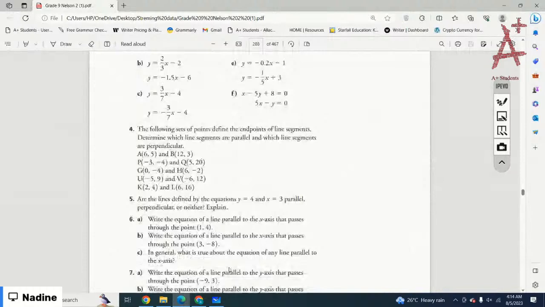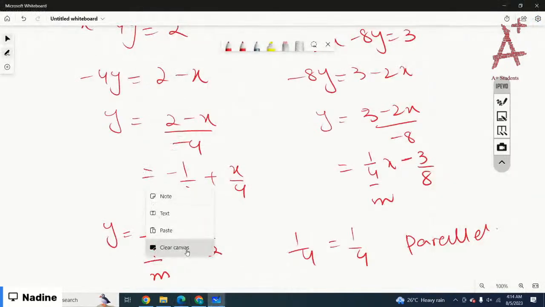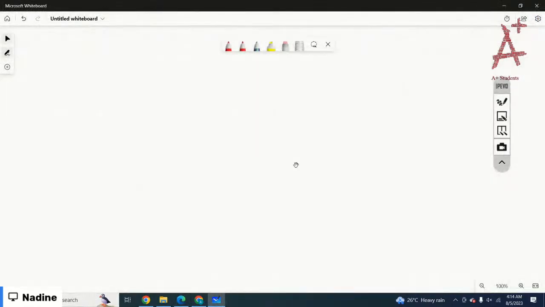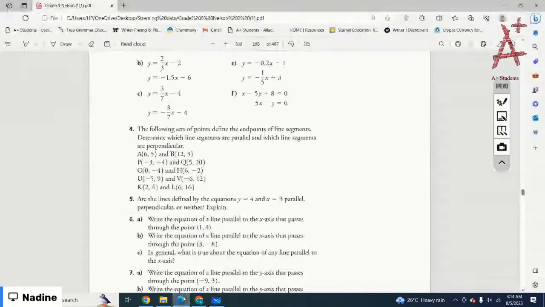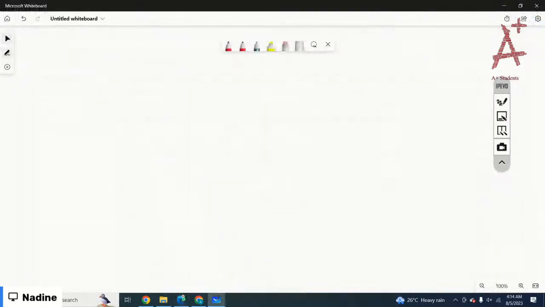Just start with A (6, 5) and B (12, 3). That is the endpoints of the line segment. Let's just calculate the slope.